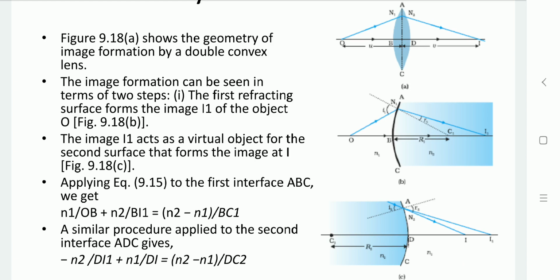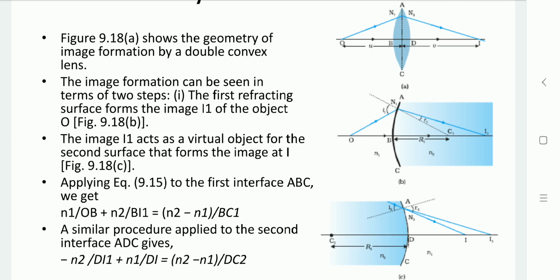From that point, it is given to the next spherical surface and the final image will be observed. So here we consider DI1 equal to BI1, both distances are the same.